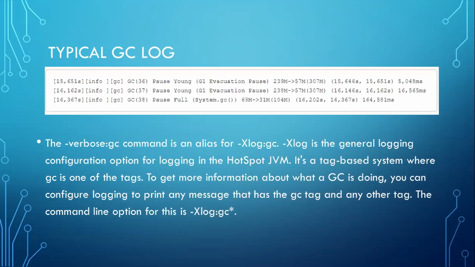So it gives you very valuable information. This garbage collection happened in the young generation. It was able to claim back 239 MB minus 57 MB of memory, and in the process it took 5 seconds.